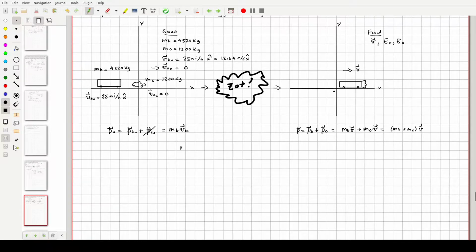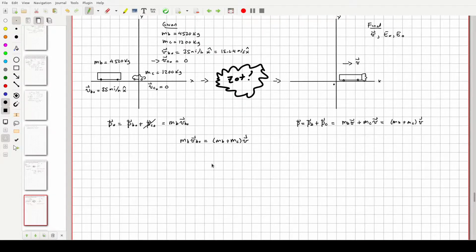So the mass of the bus times the initial velocity of the bus is equal to the mass of the bus plus the mass of the car times the final velocity. So what's v equal to? m_b divided by m_b plus m_c, times v_b naught.